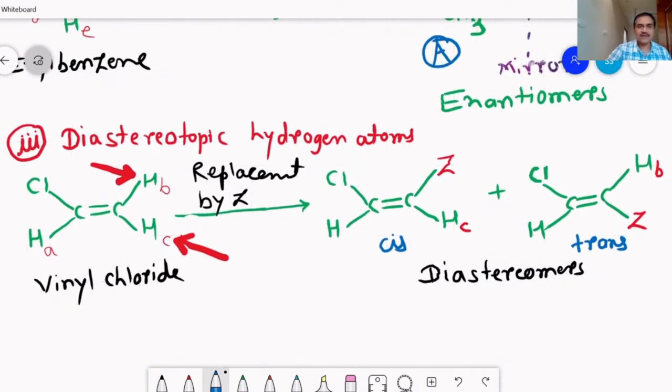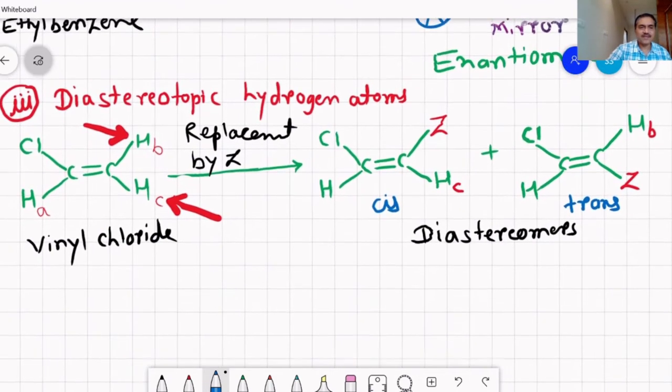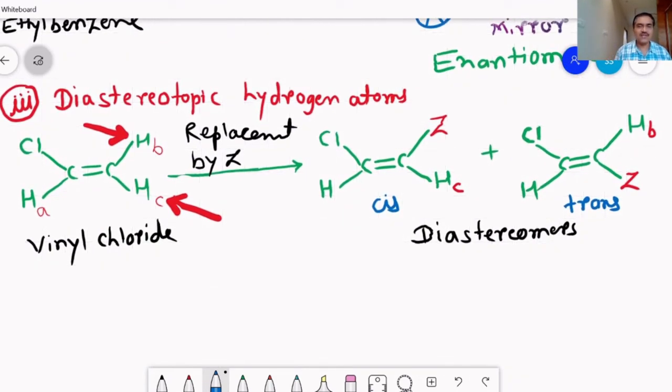And the third one, diastereotopic hydrogen atoms. We consider the example vinyl chloride, where there are three types of protons, Ha, Hb and Hc, and we consider this test for Hb and Hc, replacing Hb by Z and Hc by Z. When we replace the Hb by Z, we get the cis structure, and when we replace the Hc by Z group, we get the trans example.